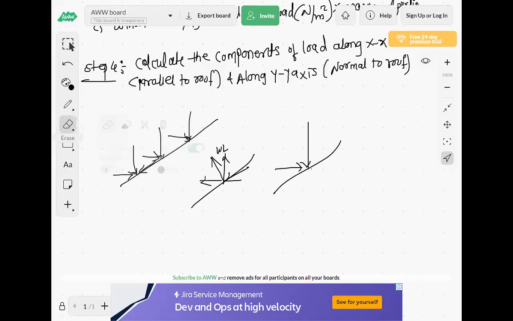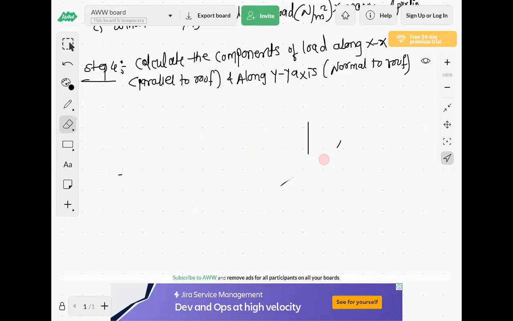So how to calculate these x and y components of the load?